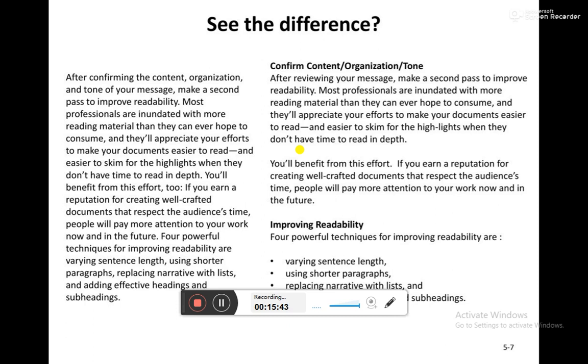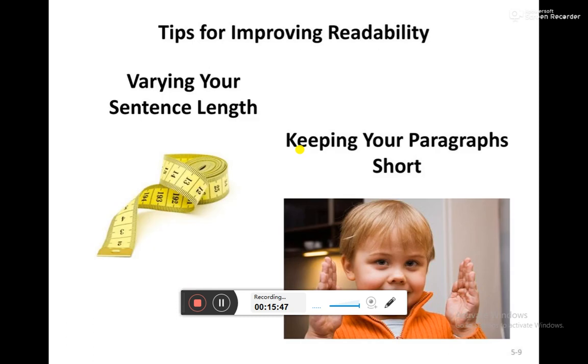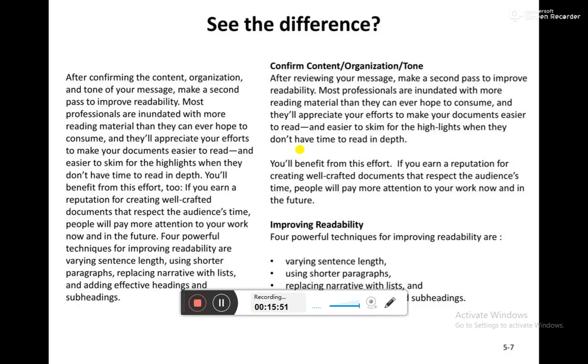Same is the case here. Actually, these are the two versions. In the first, the same things have been discussed in this way, and in the second, the same things have been discussed in another way. The difference is in the slide.